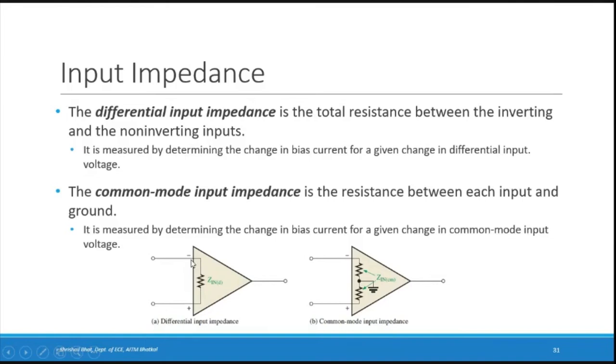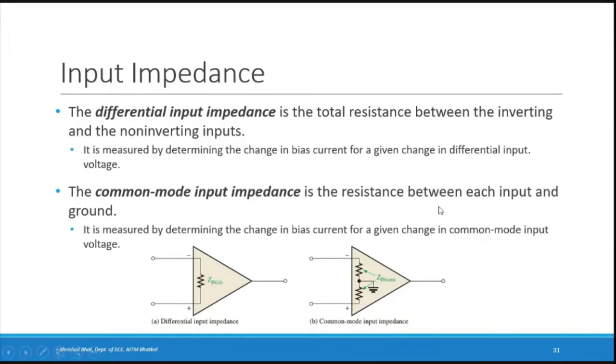This is the inverting input, this is the non-inverting input. The impedance between them is the differential input impedance, Z in D. It is measured by determining the change in the bias current for a given change in differential input voltage.